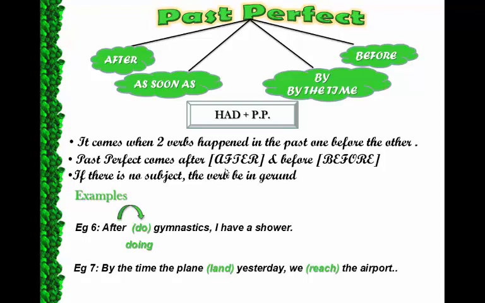Here we don't have a verb before by the time, but we have a verb after. It should be put in the past simple, not past perfect. So by the time the plane landed yesterday, we had reached the airport. It means we had reached the airport first, and after that the plane landed.